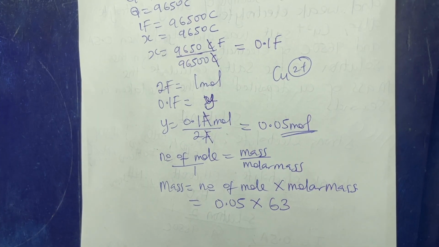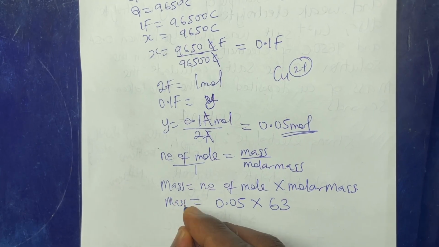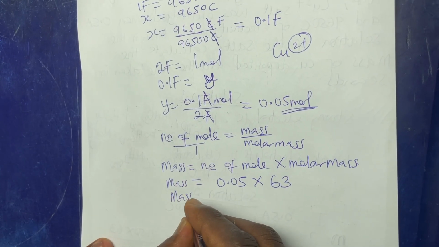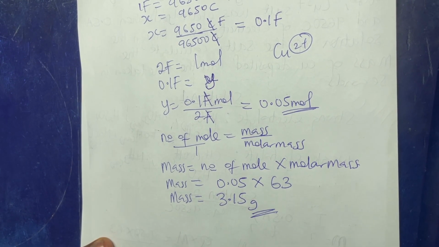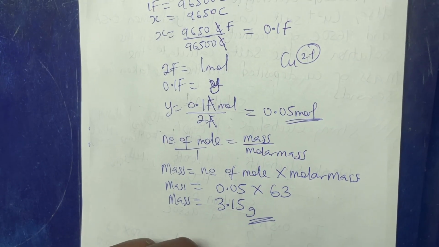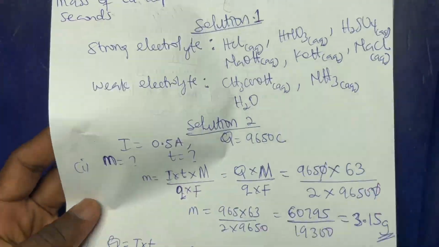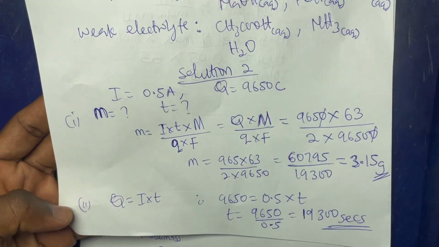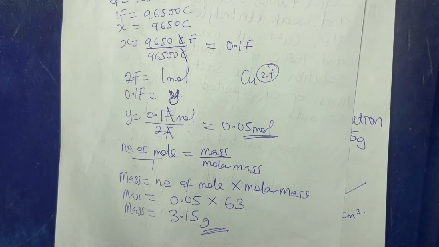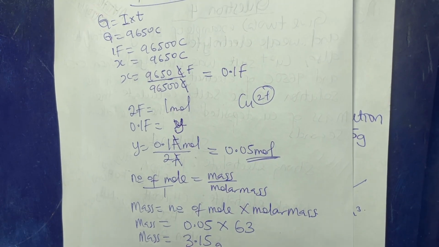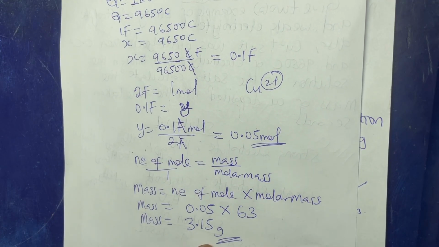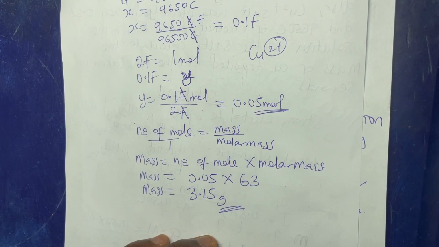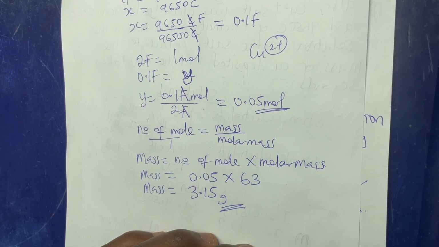So by the time you do this, your mass will be equal to 3.15 gram. So that is the answer. Now look at alternative A and alternative B methods of solving this particular question. But I would advise you to use alternative B to answer your question.